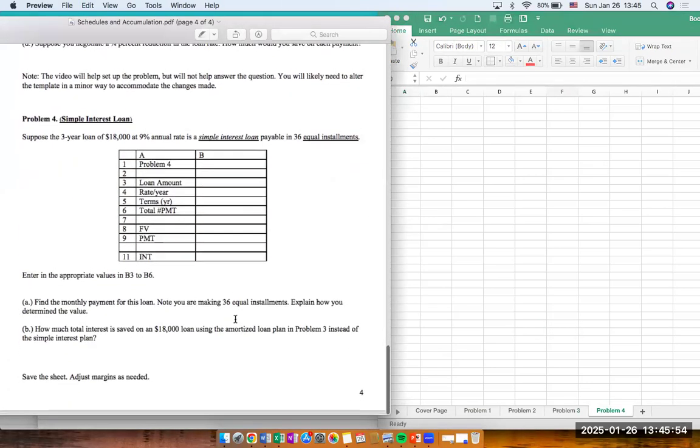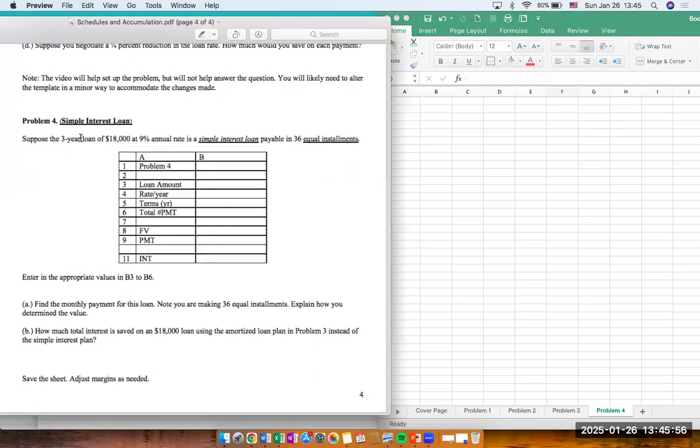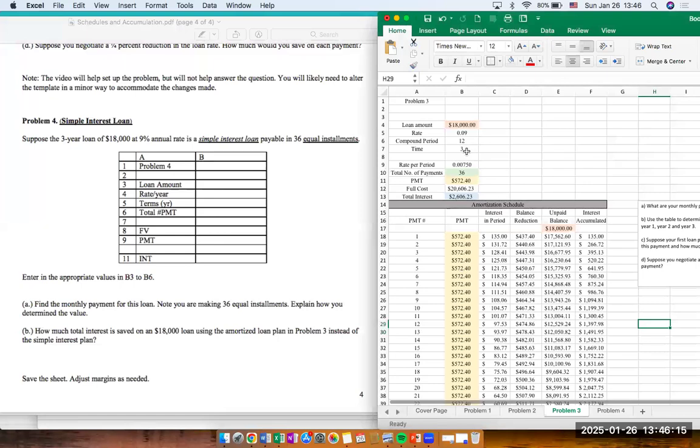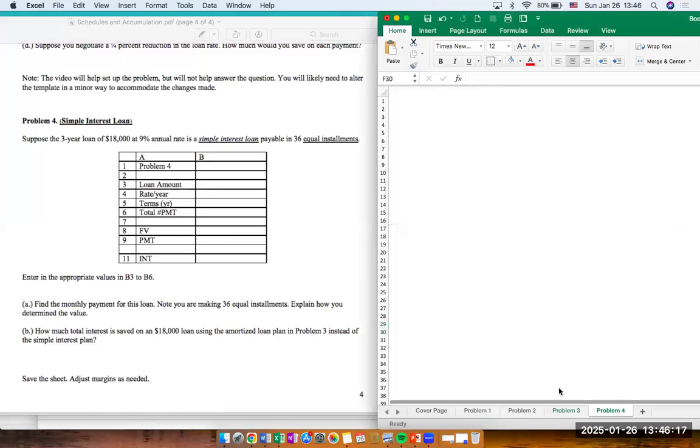So problem 4, it says, suppose a 3-year loan of $18,000 at 9% annual interest rate is a simple interest loan payable in 36 equal installments. Enter the appropriate values in B3 to B6. So I might actually go back here. Let's see, compounding period. Oh, no, I might not just copy and paste.